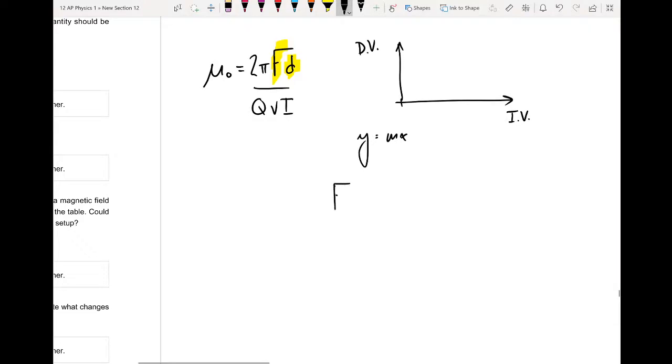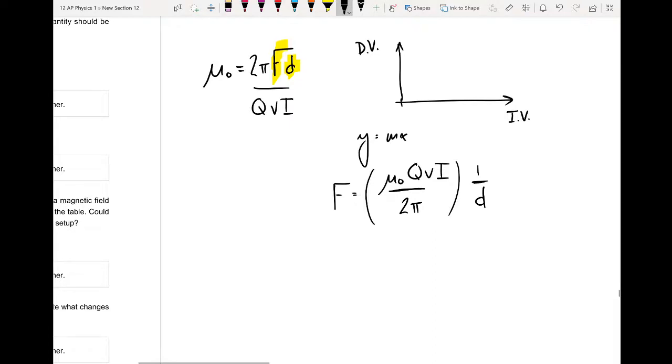So I can say F equals mu naught over 2 pi times QVI, and then times 1 over D. Yep, that's good to go.